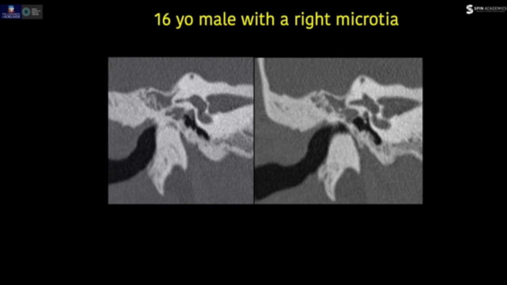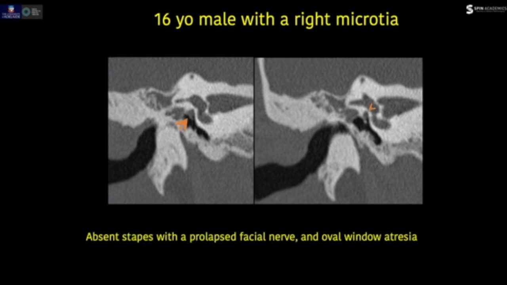This is a 16-year-old male with right-sided microtia. Examination shows an absence of the stapes with a prolapsed facial nerve overhanging the oval window along with oval window atresia. The embryology of the oval window atresia is related to the development of second branchial arch structures, more importantly, the facial nerve. There are two theories.